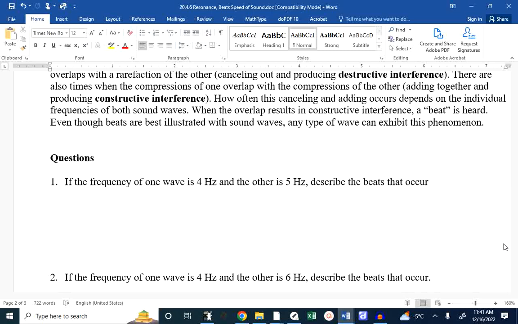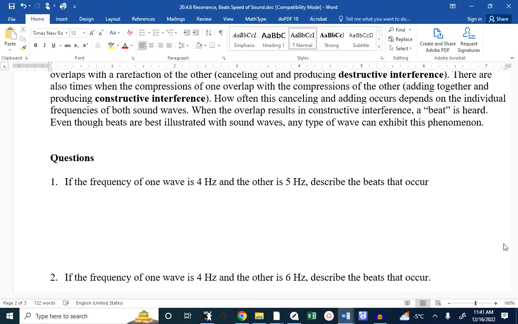I would estimate that to be 3 per second. Like I'm watching your hand and you're going along. I don't even know if you were doing that intentionally, but you were keeping time to the beat here. I would estimate that to be about 3 beats per second, which means, everybody, that if this tuning fork is 250 hertz, this one is either 253 or 247. They have a different frequency by the beat frequency. That's how far apart they are.